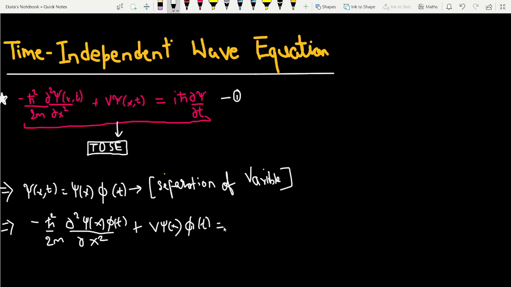This equals iota h cut, psi of x and phi of t, with the derivative of phi divided by del t. So this is our most general equation.